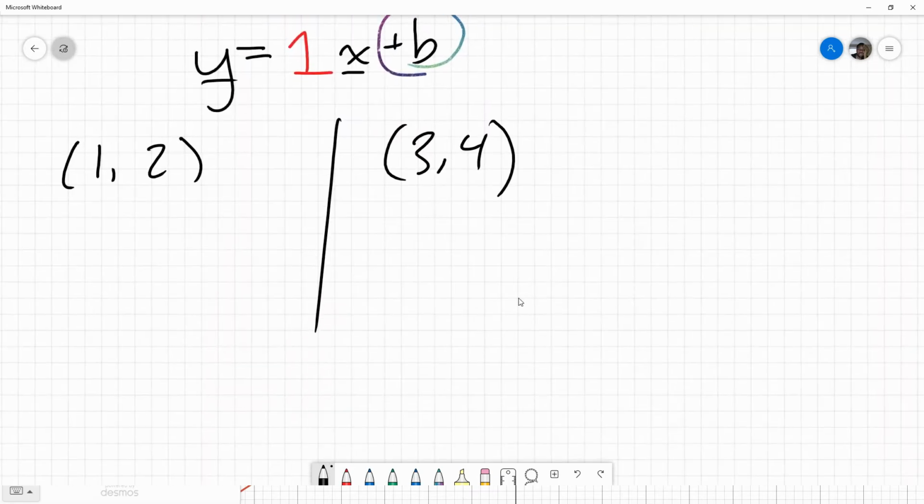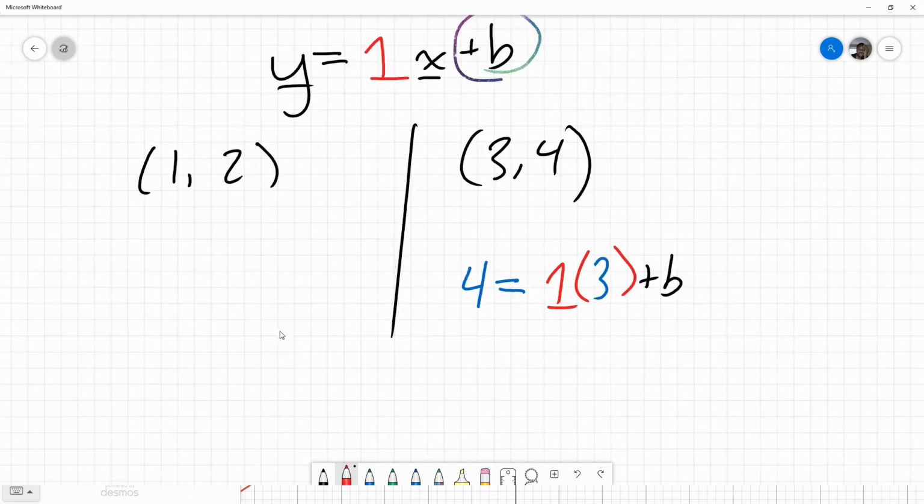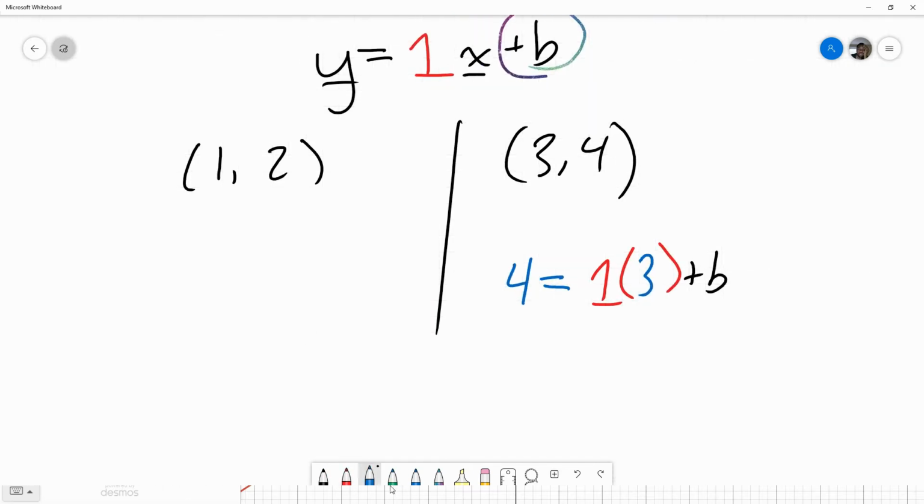So I have my y is 4 equals 1 times my x plus b. In the same way, I'd have my y is 2 equals 1 times my x plus b.